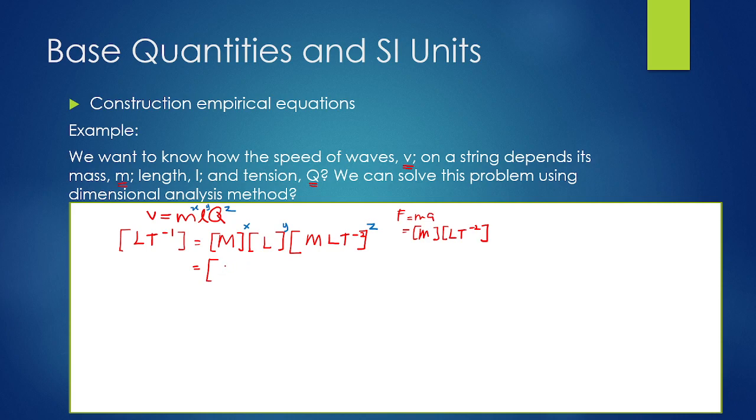So I write here M to the x, because m only has x over here, and L has y, and when you multiply, I'm going to remove the bracket, so M z L z T negative 2z.